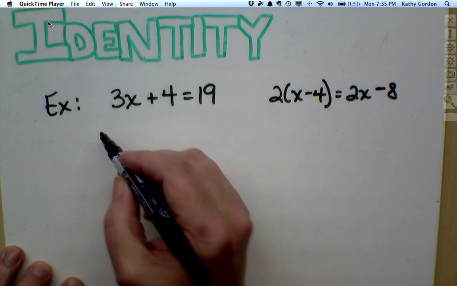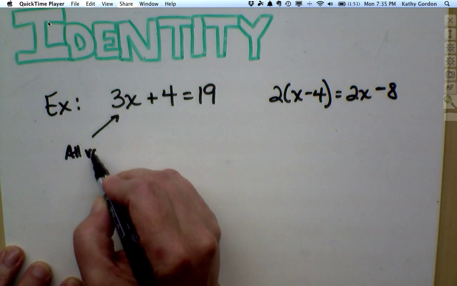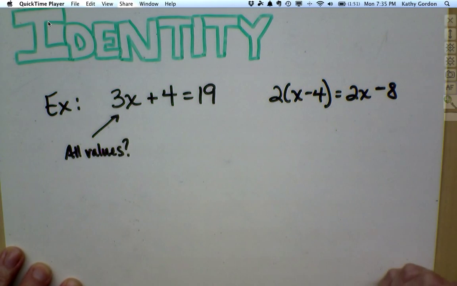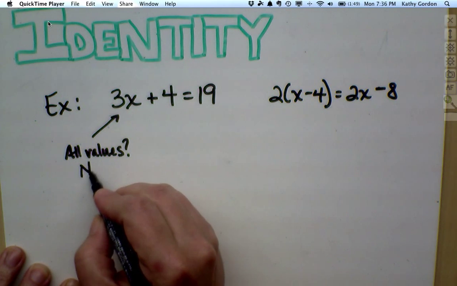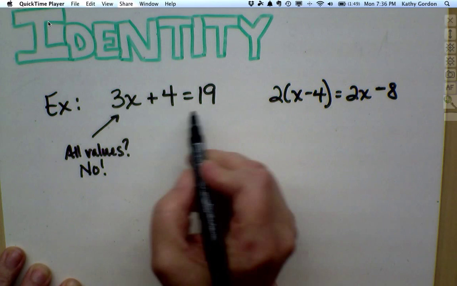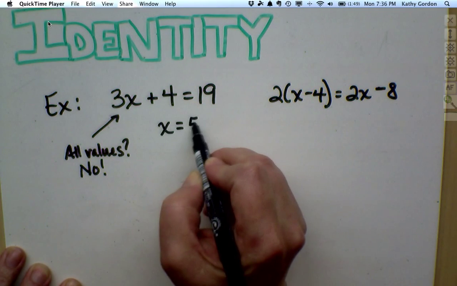In this statement, can I use any value for x and have this statement always be true? Well, I hope you realize that answer is no. The only value of x that makes this statement true is when x equals 5.